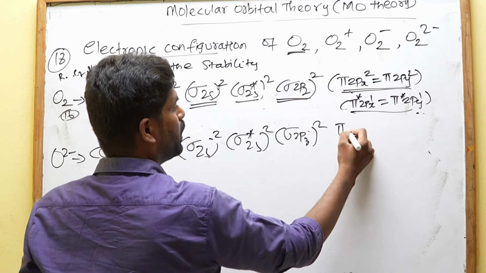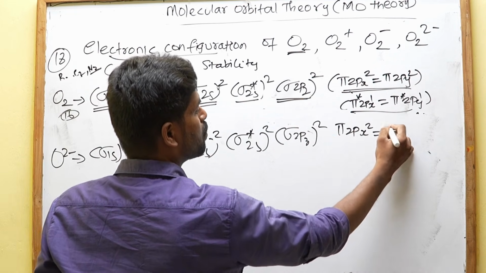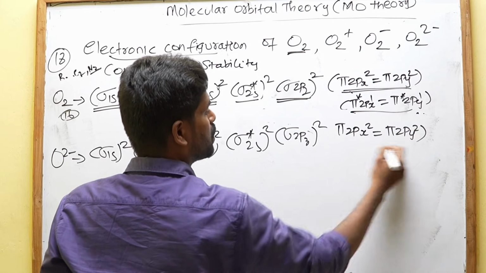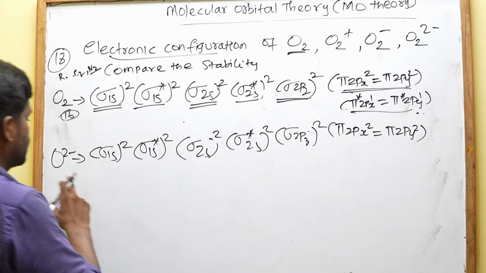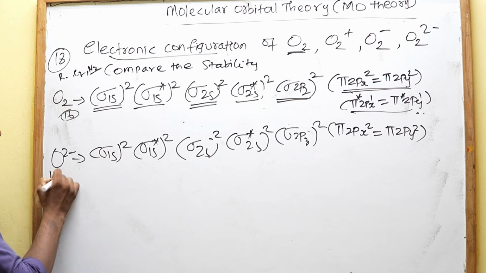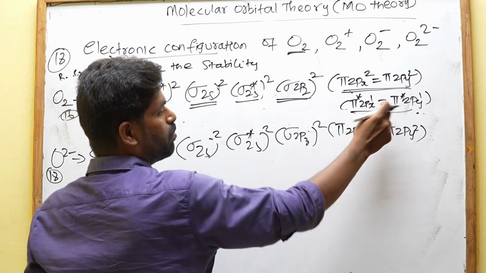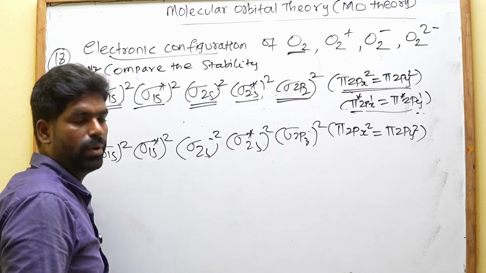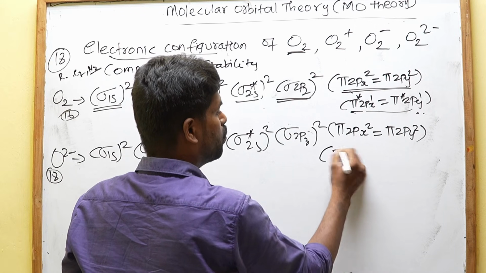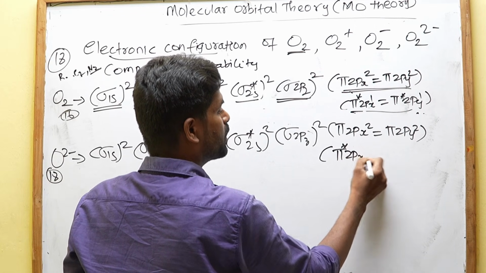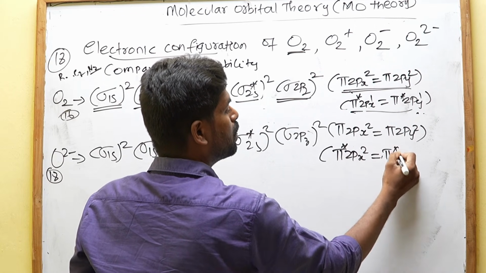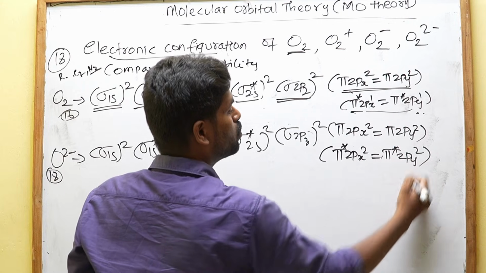Here pi 2px has 2 electrons and pi 2py has 2 electrons each. This is an 18 electron species, so one electron must be added in these two orbitals. Therefore, it becomes pi star 2px 2 and pi star 2py 2.